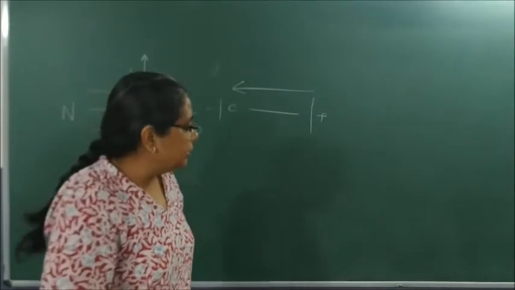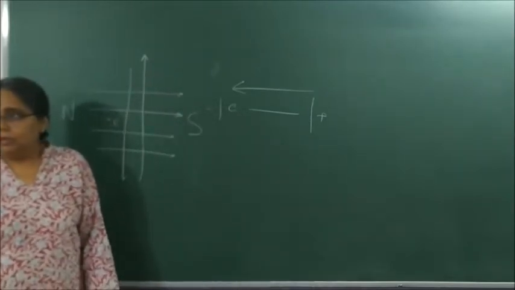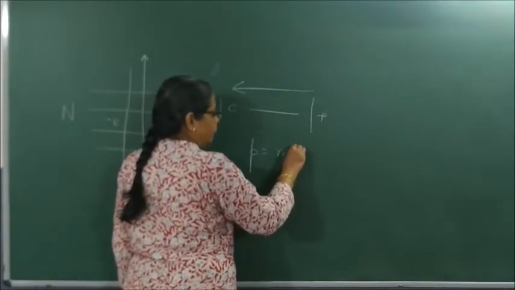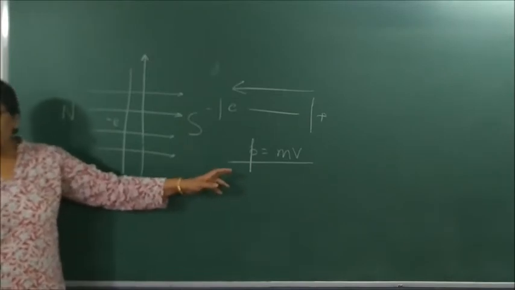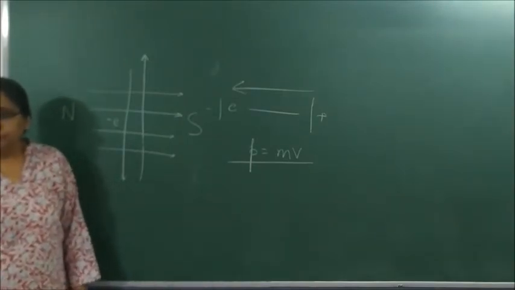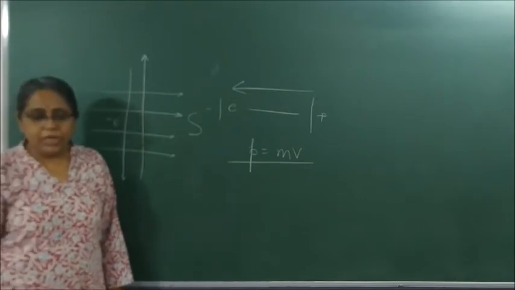How do we represent momentum? P is equal to what? mv, as momentum is equal to mass into velocity. Clear? Shall we go to the next one?